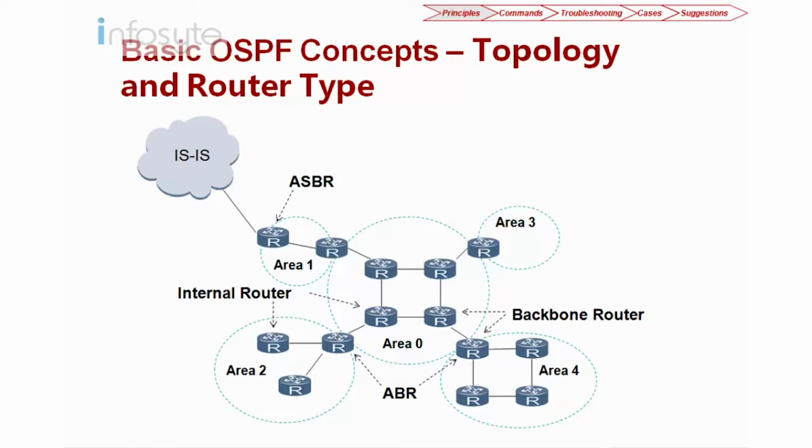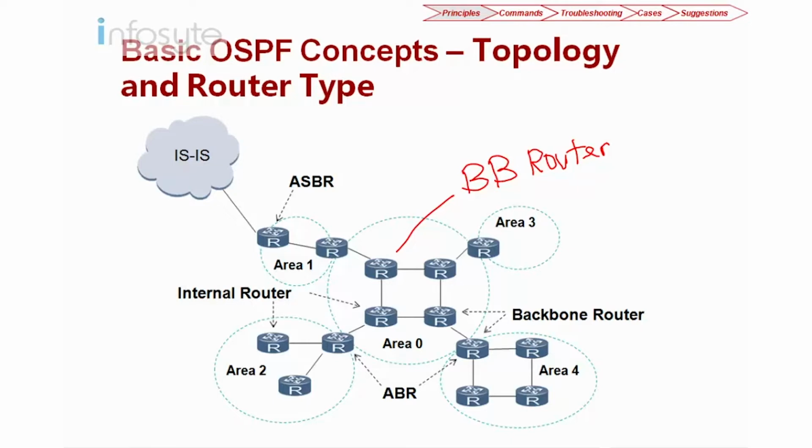Let's have a look at the router types that we have in OSPF. First, the routers inside area 0 we call backbone routers. These four will be the backbone routers.